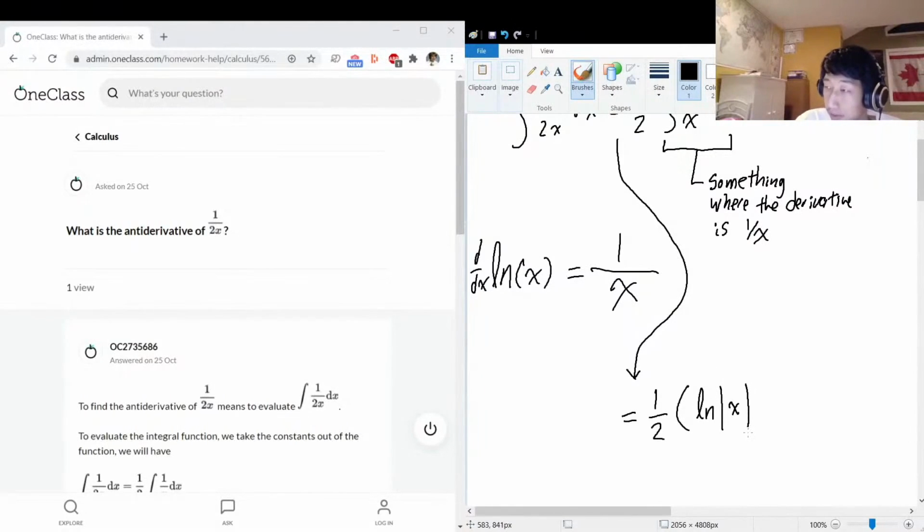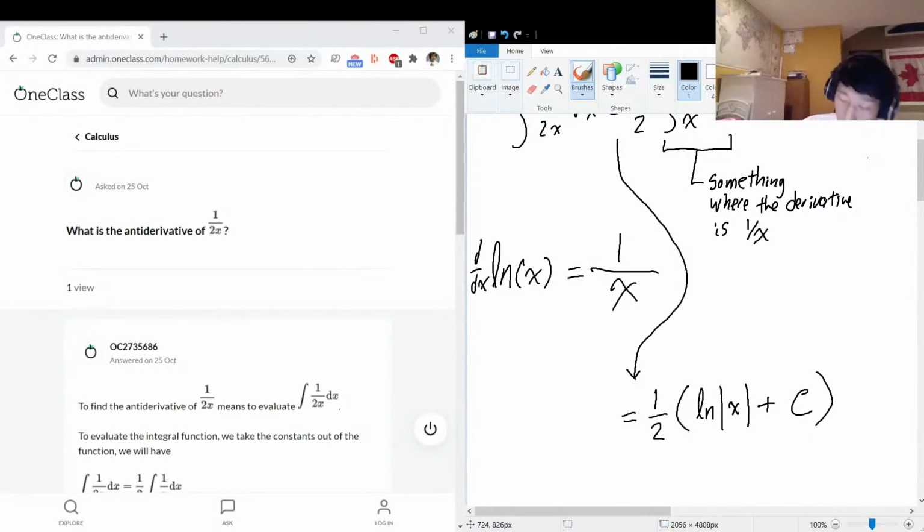That's just to specify that it's absolute value, because we don't know what x is. x could be negative, and natural logarithms don't play around with negatives. And something you can never forget: plus c. If you forget the plus c, you will see C's and D's and F's. It's super important, so don't forget it.